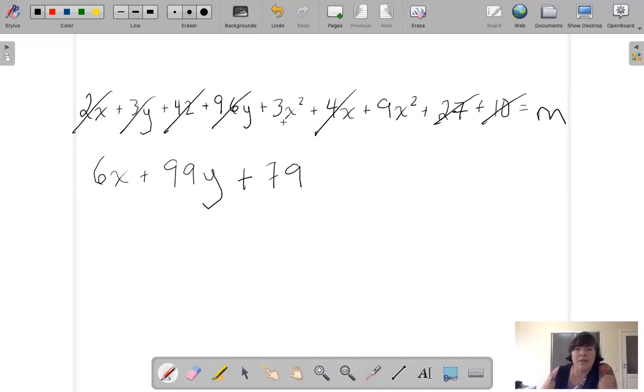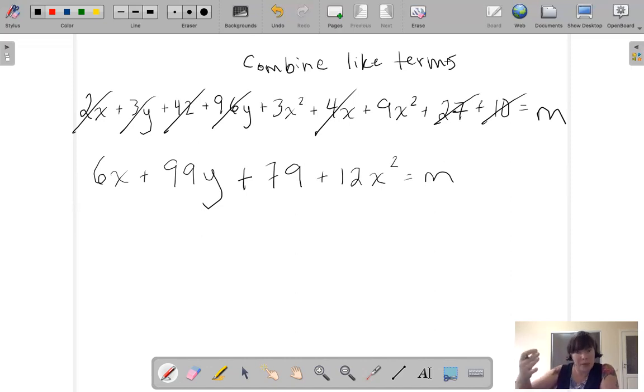And then I've got a 3x squared and a 9x squared. That's 12x squared equals m. All right. This is combining like terms.